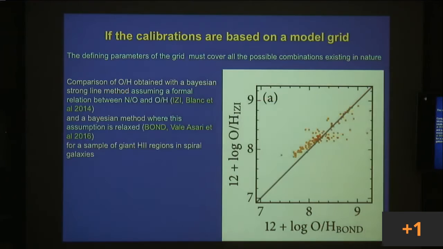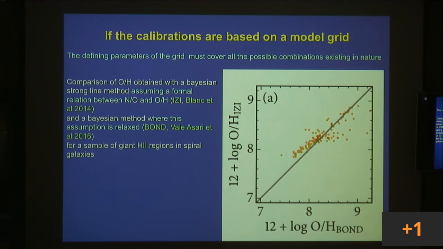Now, if the calibrations are based on a model grid, the defining parameters of the grid must cover all the possibilities. And in general, this is not the case. So for example, I'm showing you the O/H determined using a grid where it is assumed that there is a formal relation between the N/O ratio and the O/H ratio.